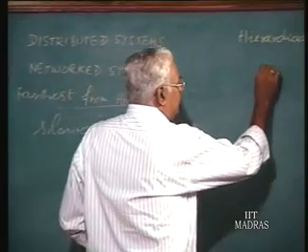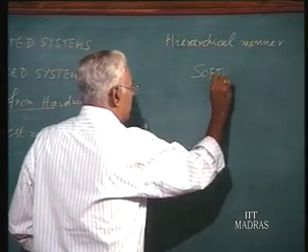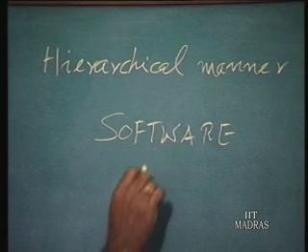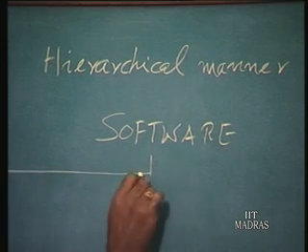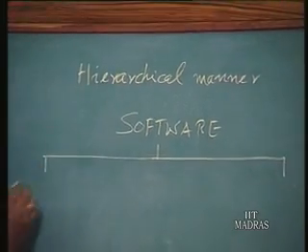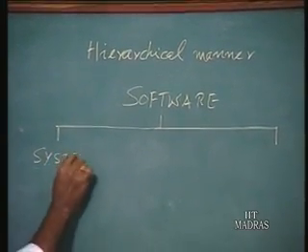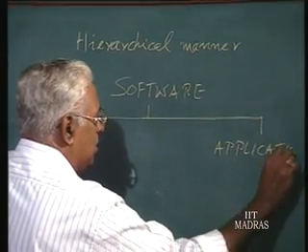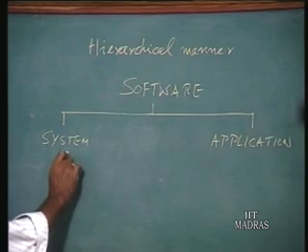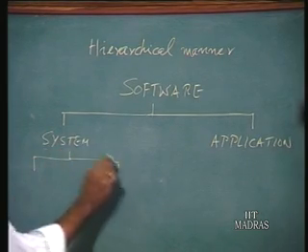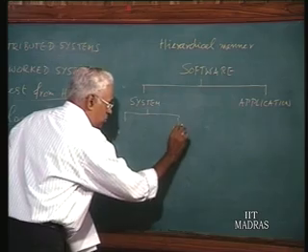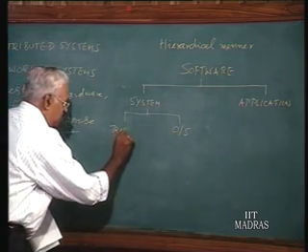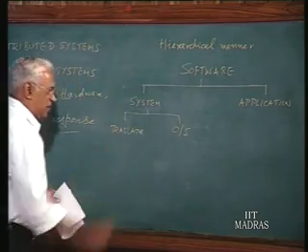Now, talking about just the software, which is what we are talking about. I said the two things, that is system software and application software. Now, we can mention the two things as this, that is at one end we have the system software and at the other end we have the application software. Then system software at the highest level would include the operating system, and then from the user point of view there may be some translator, that is also very much part of the system.